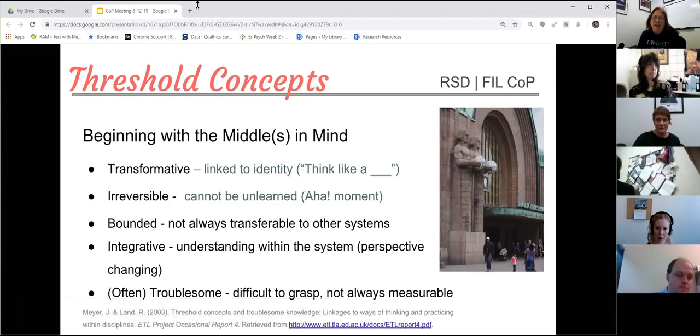I'm not having you do this just because it's a hoop to jump through. You're going to do this research project, have a conversation with other scholars, and at the end, you're going to add to that conversation, and they can come back and talk to you as well.